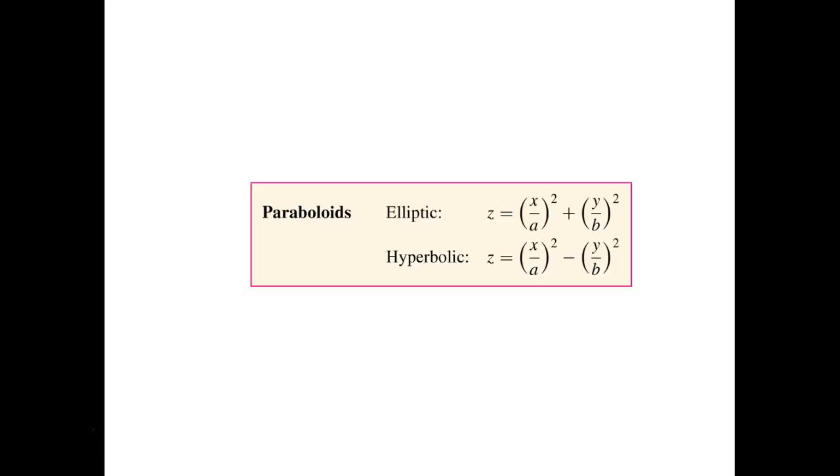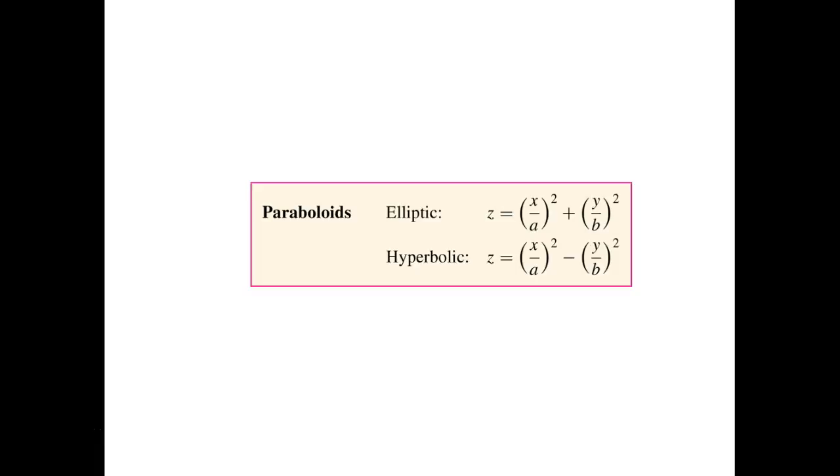All right, we covered ellipsoids, hyperboloids, and now we're doing paraboloids. Now, if you remember back when we first started our geometric shapes, when you have 2 squares, same coefficients, plus sign in between, that's usually a circle on the plane.